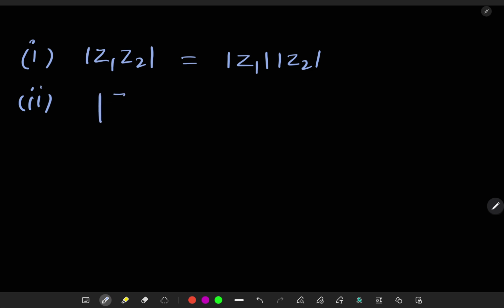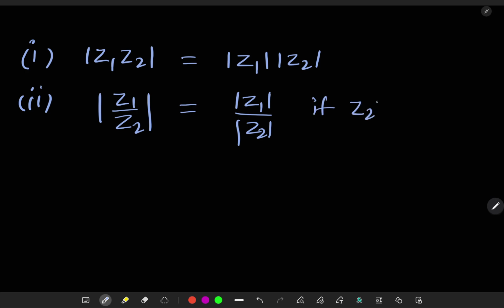Another property: mod of z1 divided by z2 is equal to mod of z1 divided by mod of z2, if mod of z2 does not equal 0.